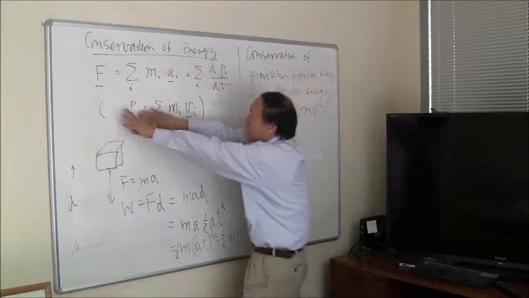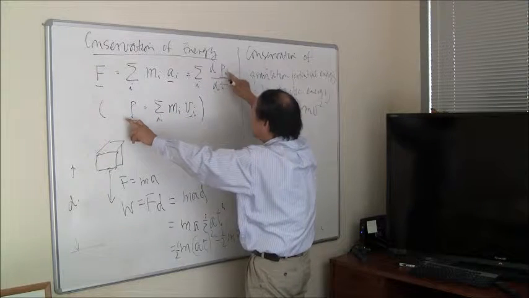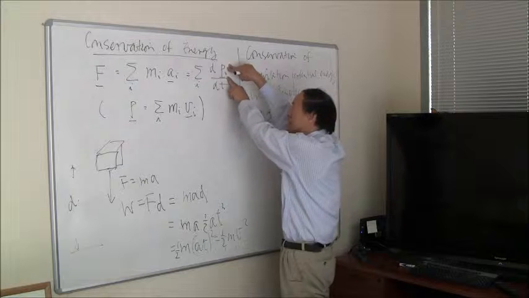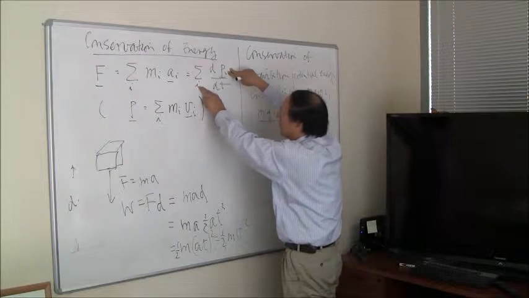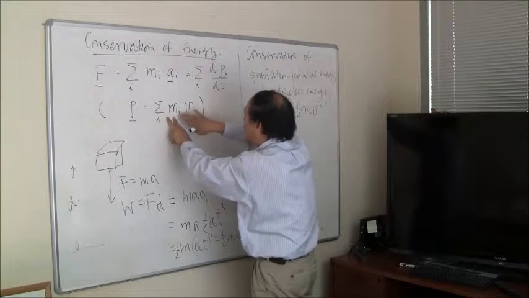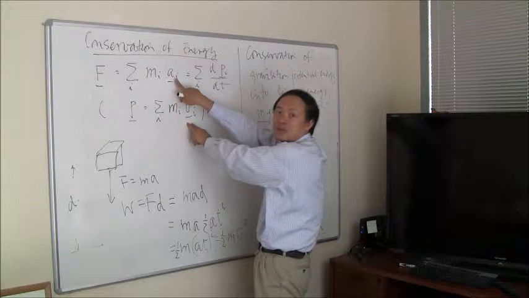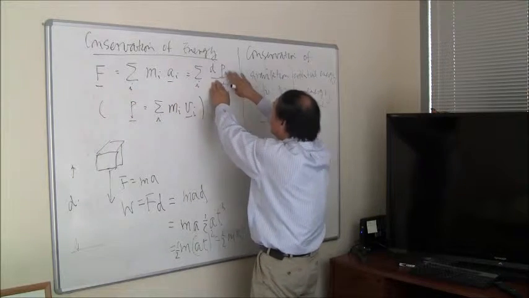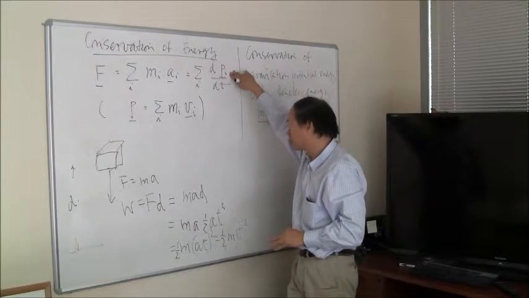So if you differentiate the momentum, dp/dt, summing over all particles i, you differentiate this and you have dv_i/dt, and that's the acceleration vector. So the force m_i times a_i is equal to the sum total of the rate of change of momentum.